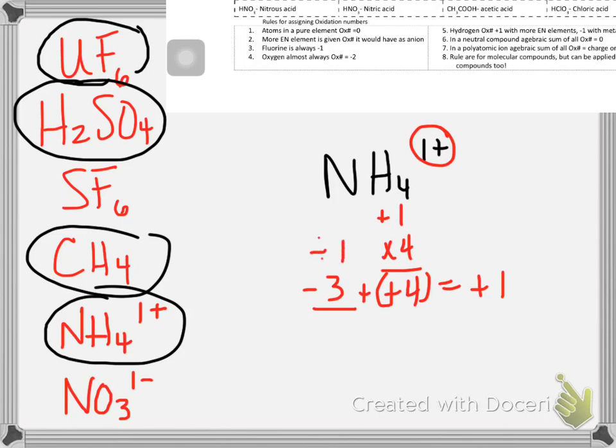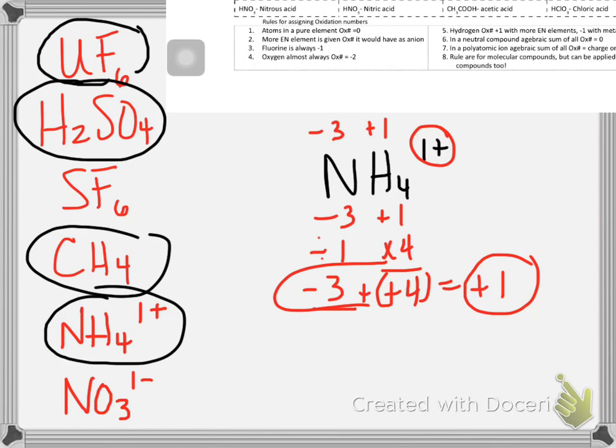And if we divide that by the one nitrogen atom that we have, we get an oxidation number of -3 for the nitrogen, +1 for the hydrogen. The algebraic sum of the oxidation numbers is the charge. And very often you will see -3 is also the ion that nitrogen tends to make. It doesn't always work out that way, but it works out that way enough that when you see that, you think, yeah, I probably got that right.